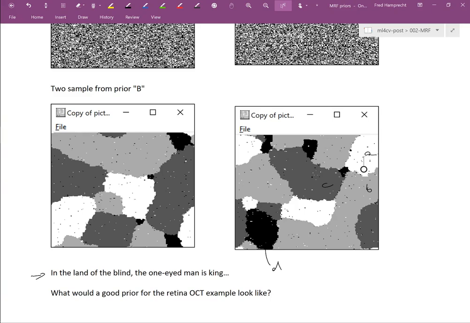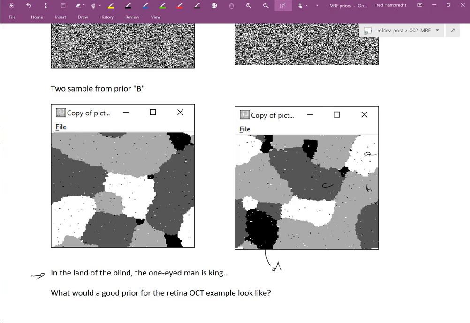What it does do, however, because it penalizes label transitions, is it does not like boundaries. And if we want to maximize the area to boundary ratio, then it's good to have few large blobs. So small blobs here are implicitly penalized.